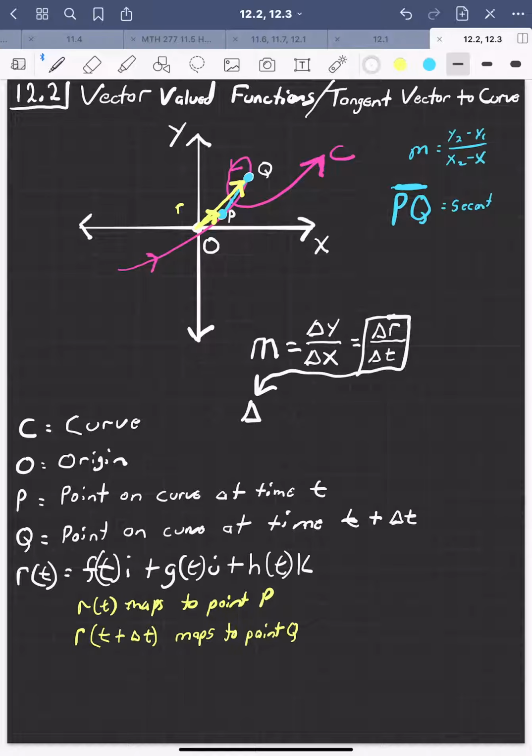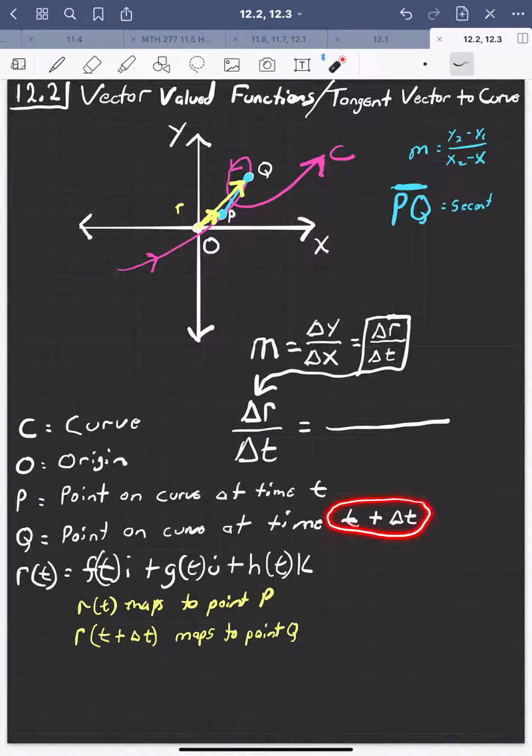So tell me, what is delta? Well, actually, let's start with delta t. That's going to be easy enough. So what is delta t? Well, let's think about the change in time. The change in time would be t plus delta t minus t.